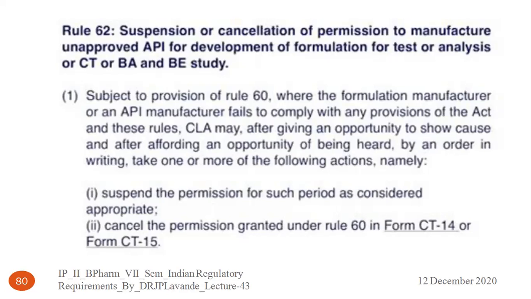So the CLA may go for either suspending or cancelling the permission. They may suspend the permission for such a period as considered appropriate, based on the examination and inquiry, or cancel the permission granted under Rule 60 in Form CT 14 or Form CT 15.